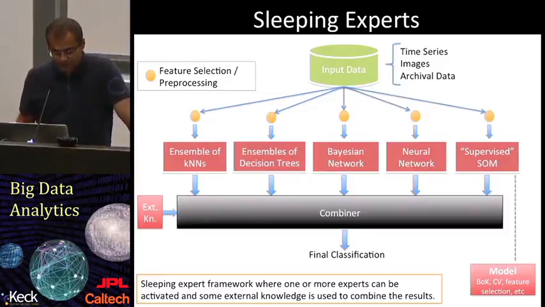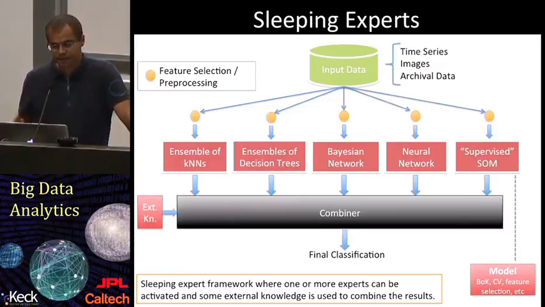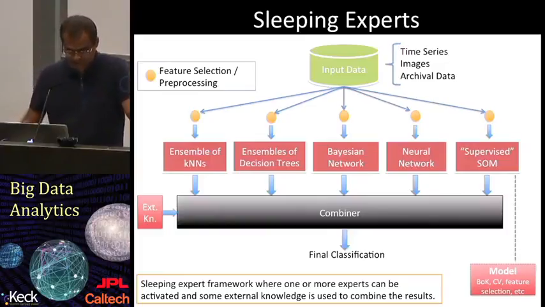In this example, we have 5 classifiers: an ensemble of KNN, an ensemble of decision trees, a Bayesian network, a neural network, and a sort of supervised SOM that can be activated according to the inputs, and also external knowledge may be used to combine the results of the selected classifiers to get the final classification.